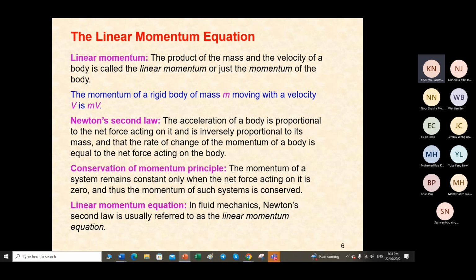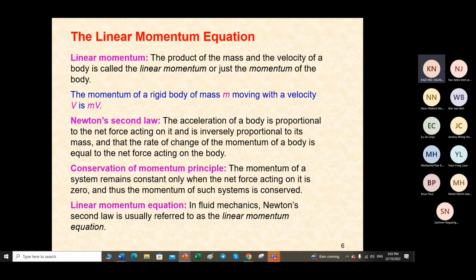And for the linear momentum equation and Newton's second law, we find that if we consider the rate of change of momentum in the linear direction, then mp1 minus mp2 is indicating the effect of the flow velocity being considered.